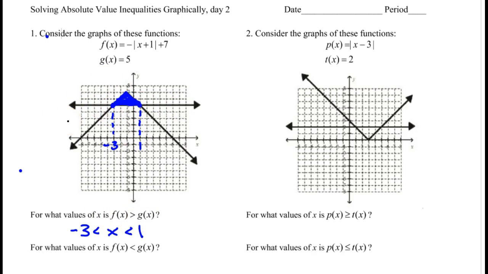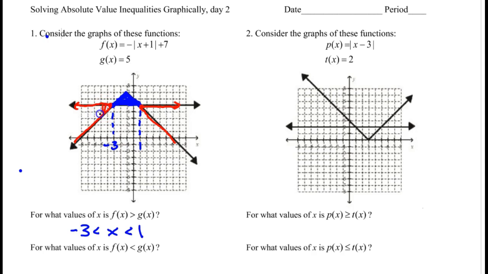So think of, again, g of x. That's just the horizontal line, and when is it above? When is it below? So the opposite here for part 2. When is the absolute value graph below the horizontal line? Well, that's all of this over here. Any x value that starts here and goes this direction, all of that is below.